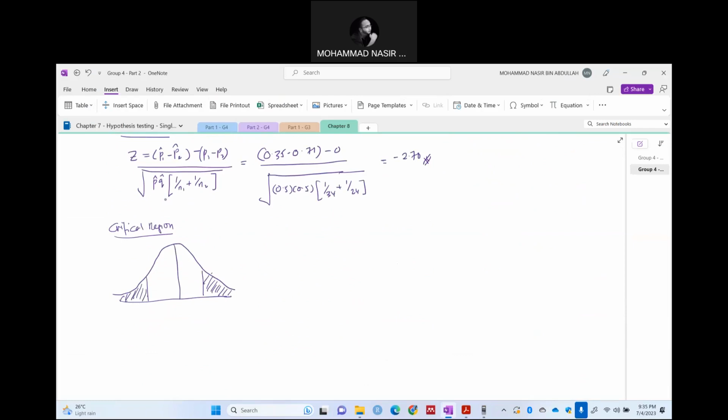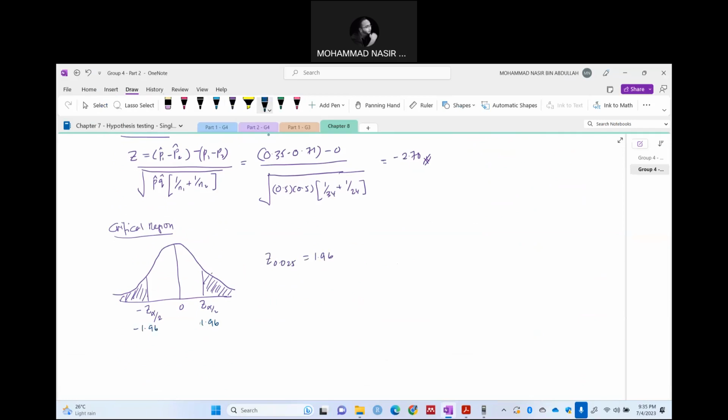So this is 0, negative Z alpha divided by 2, and Z alpha divided by 2. Since alpha is 0.05, Z 0.025 is equal to 1.96. So this is 1.96 and this is negative 1.96.